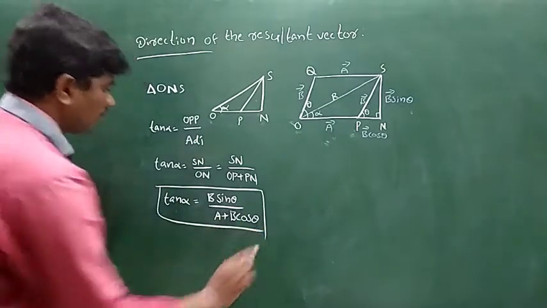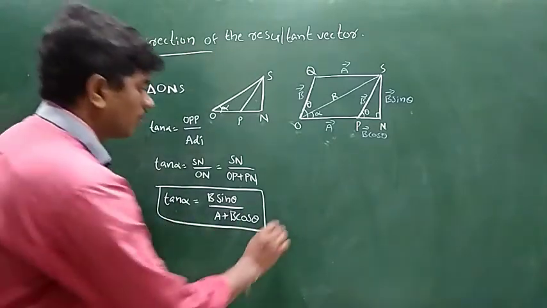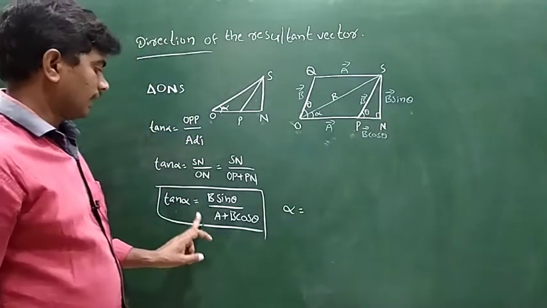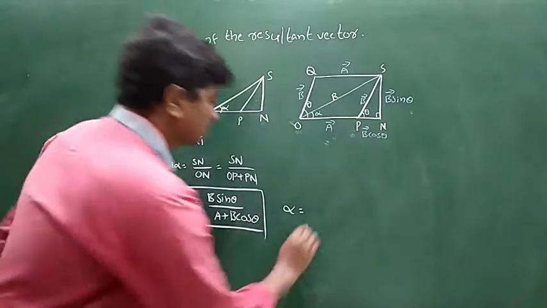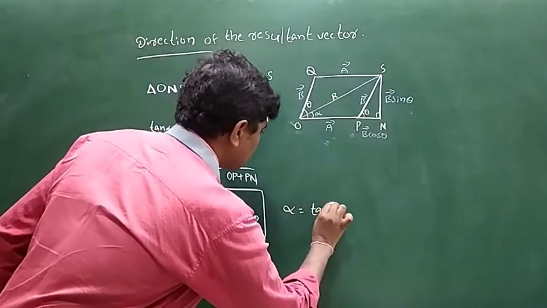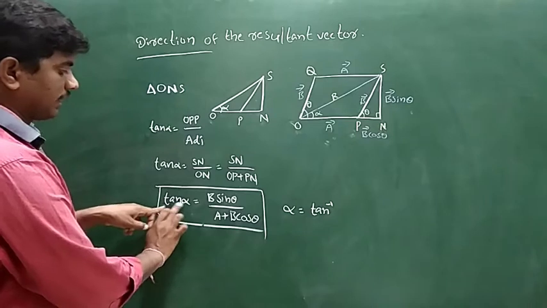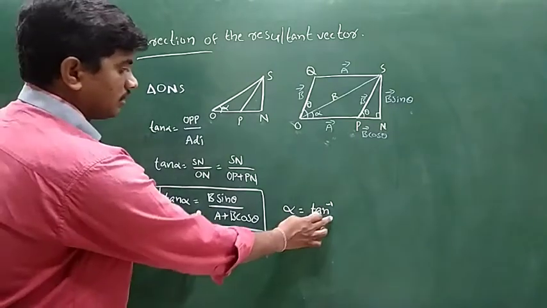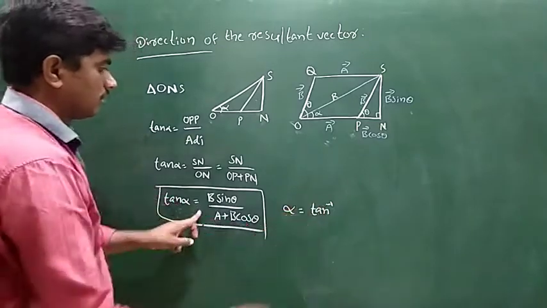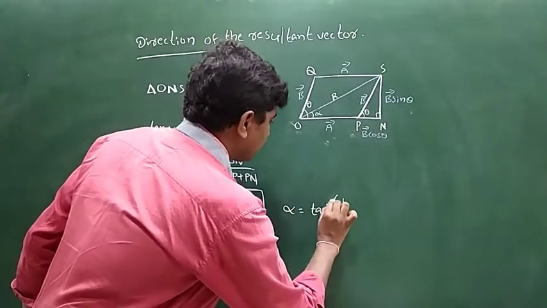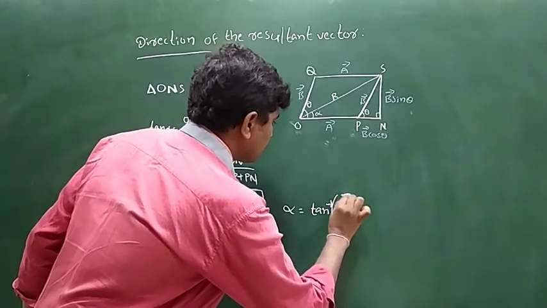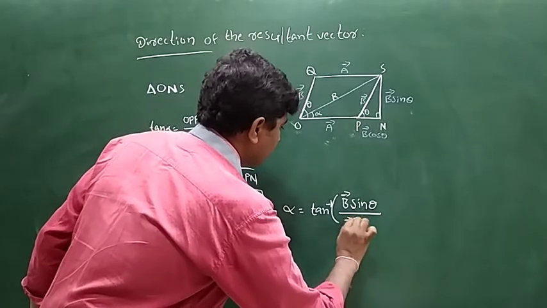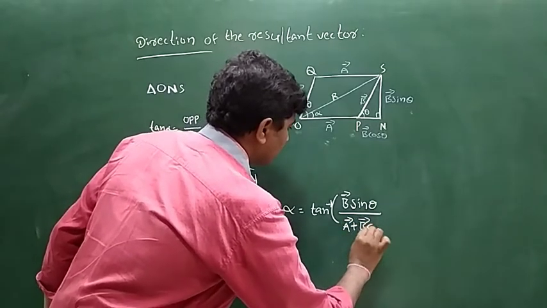To find the alpha angle, we move tan to the other side: multiplication becomes division, so alpha is equal to tan inverse of B bar sin theta by A bar plus B bar cos theta.